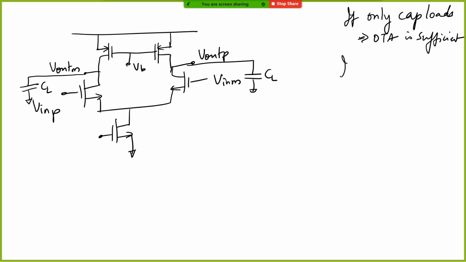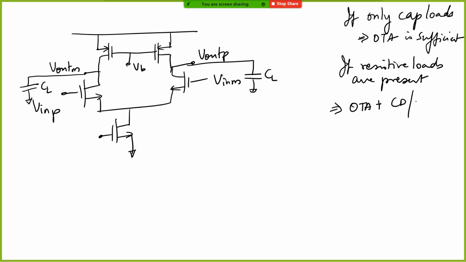If resistive loads are present, you need to have an OTA plus a common drain or some output driver, such that it can drive the resistive load, and this becomes an op-amp.